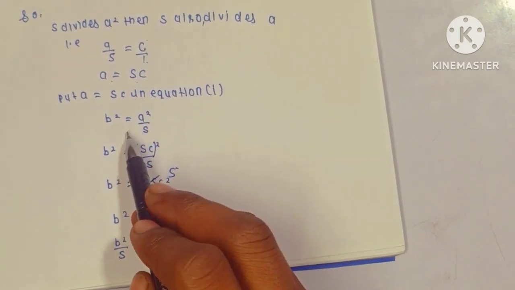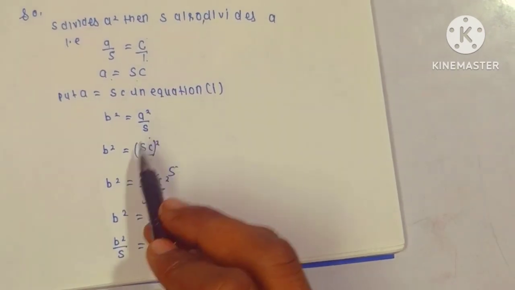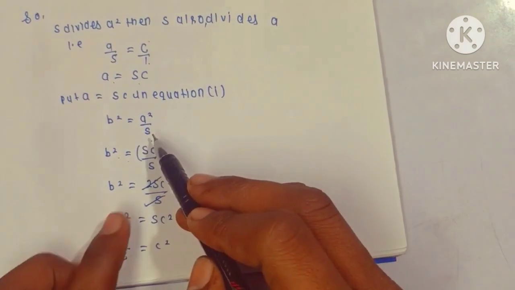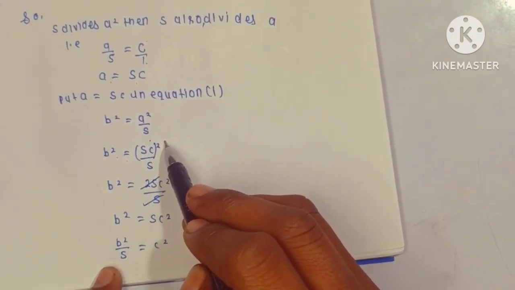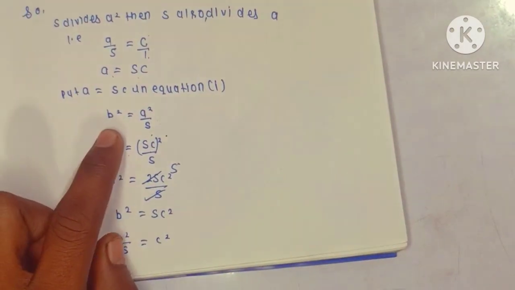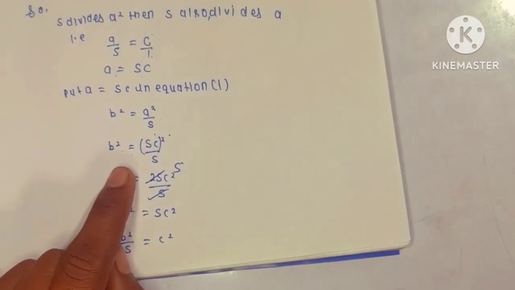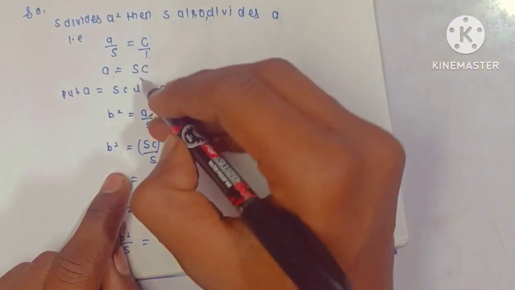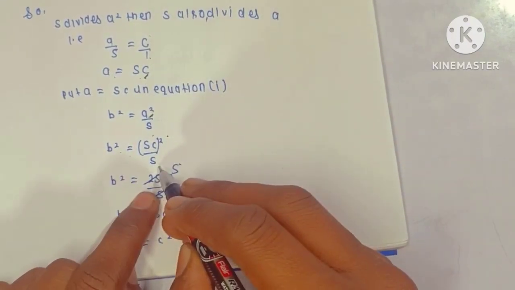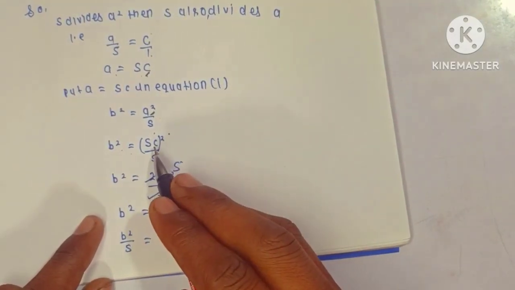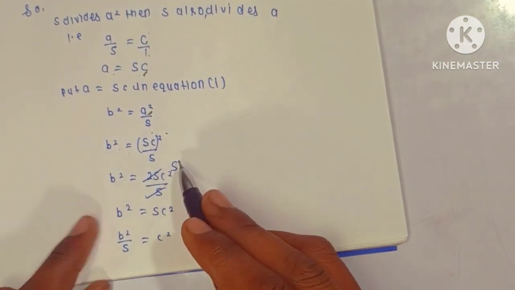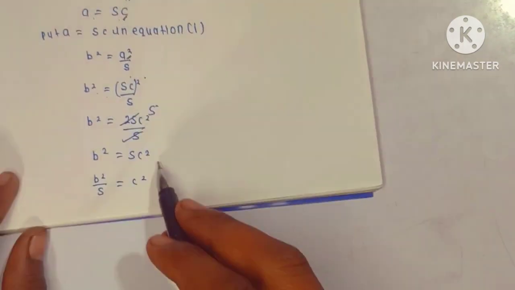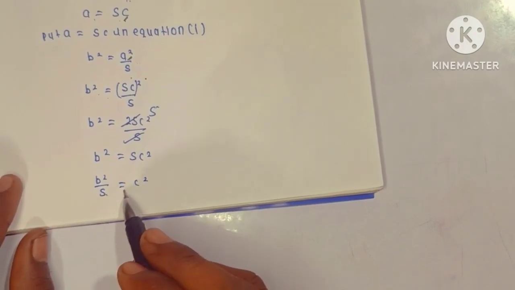Put a is equal to 5c in equation number 1. b square is equal to a square upon 5, so b square is equal to (5c) square upon 5. b square is equal to 25c square upon 5, and 5 cancels with 25. b square upon 5 is equal to c square.